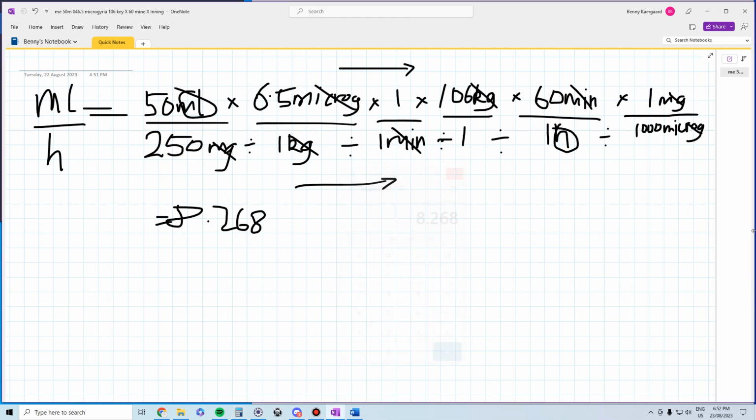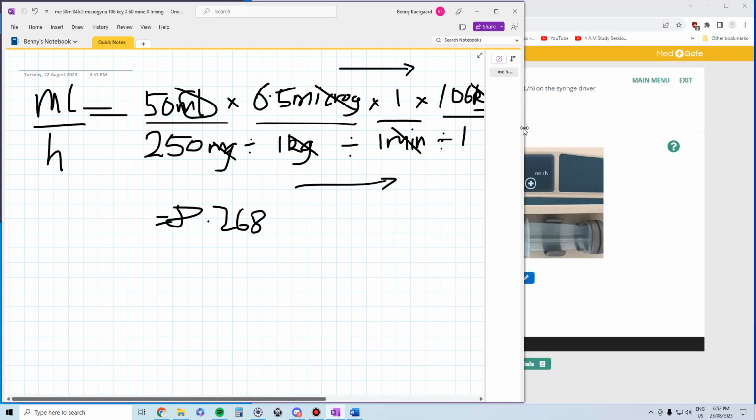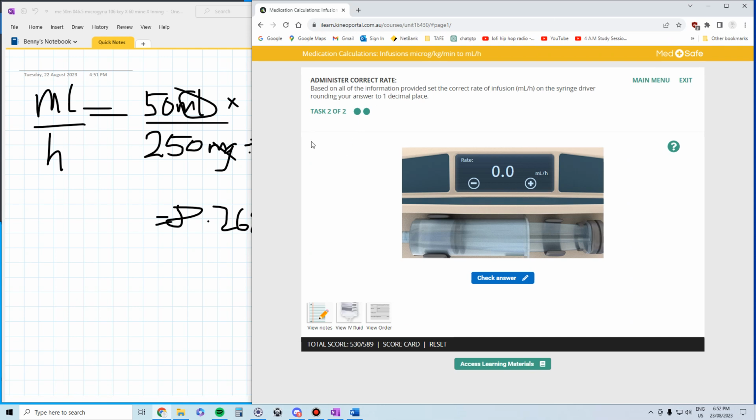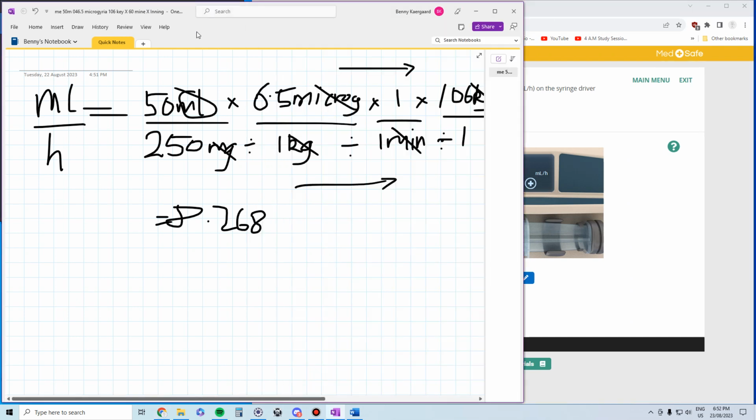Now we do our rounding. Says it wants us to round to 1 decimal place. So to do our rounding, we just go to the next one. Equals 8.3. Remember, with rounding, we don't start here and go in this way.